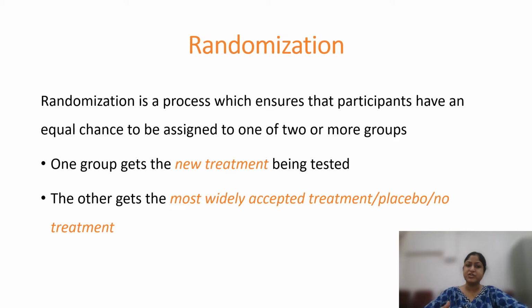Randomization is a process which ensures that participants have an equal chance to be assigned to one of the two or more groups. One group will get the new treatment which is being tested, and the other group will get the most widely accepted treatment or the gold standard, or a placebo or no treatment at all.